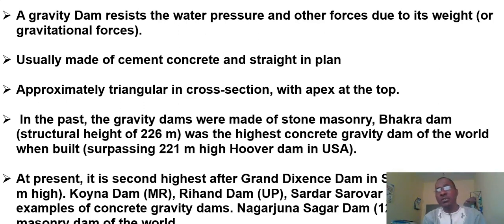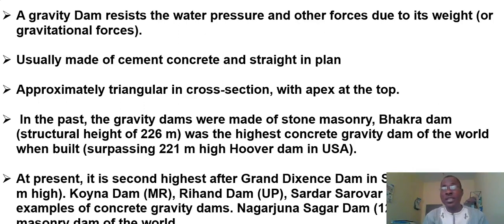Gravity dams are usually made of cement concrete, straight in plan, while approximately triangular in cross-section with the apex at the top. In the past, gravity dams were made of stone masonry. Bhakra Dam, with a structural height of 226 meters, was the highest concrete gravity dam in the world when built, surpassing the 221 meter high Hoover Dam in the USA.